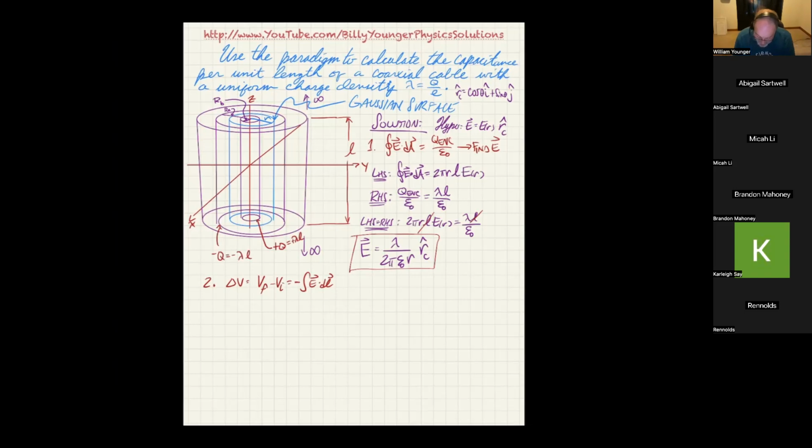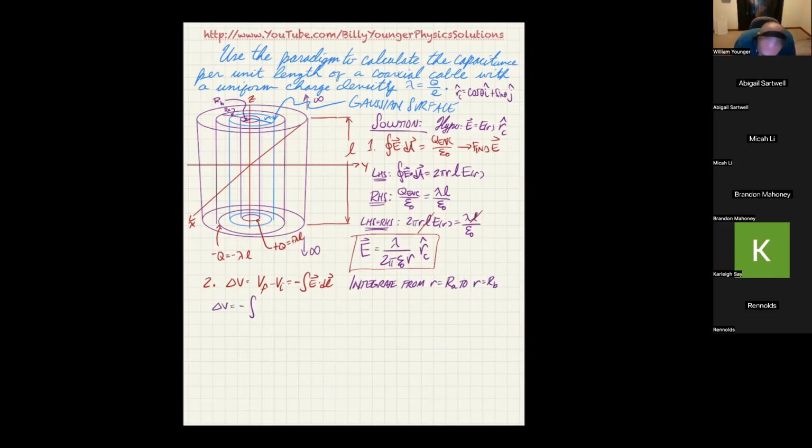Okay, so I'm going to integrate from R equals the outside one, which is RA, to R equals RB, the inside one. So my integral is going to go like this. Delta V is equal to the negative integral.